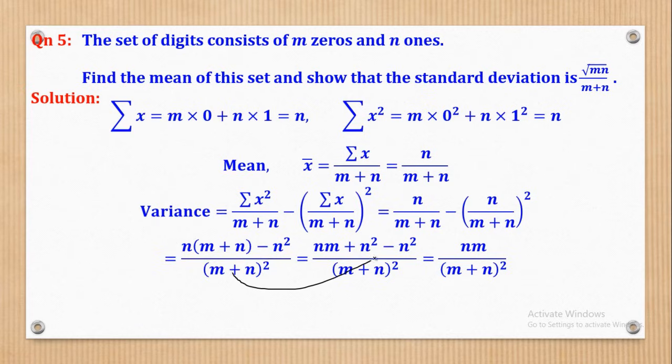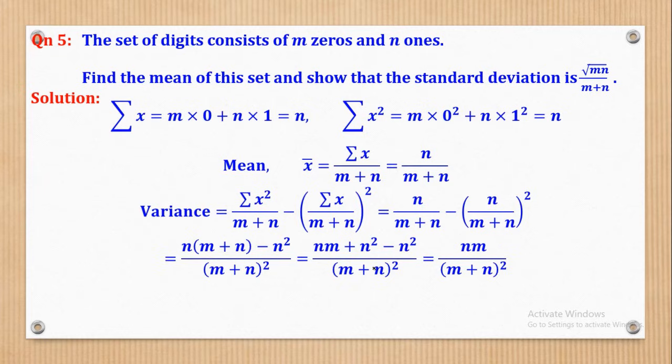Then this one divided by this is 1, so we remain with only n squared, and the minus is maintained. Then from there, I open this bracket to come up with nm plus n squared minus n squared. Now this and this can cancel, remaining with nm.